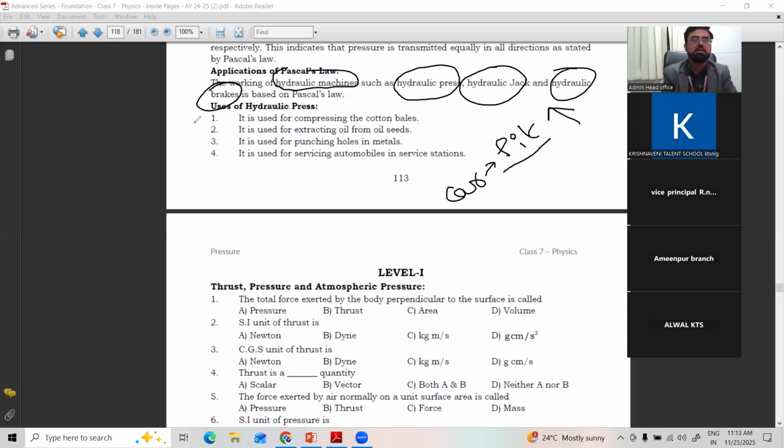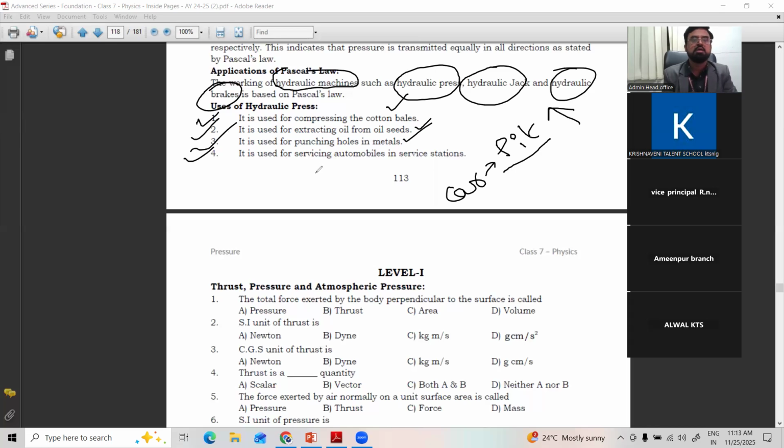For example, it is used for compressing cotton bales. It is used for extracting oil from oil seeds. It is used for punching holes in metals. By using this, you can punch the holes also.